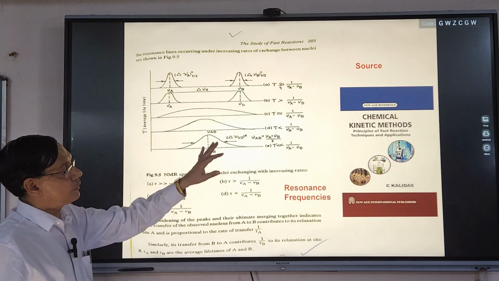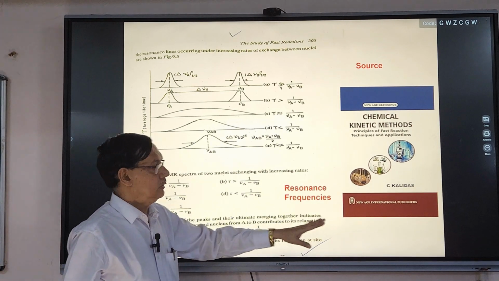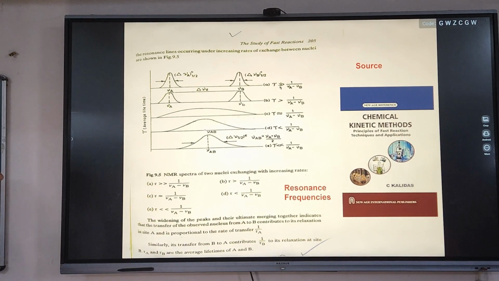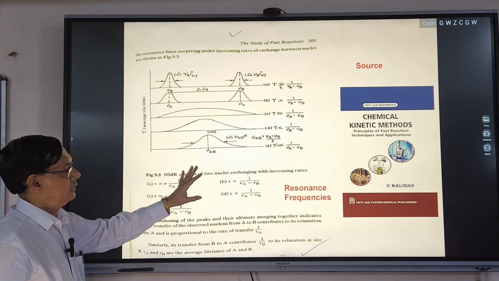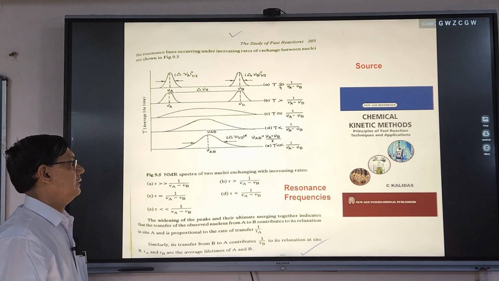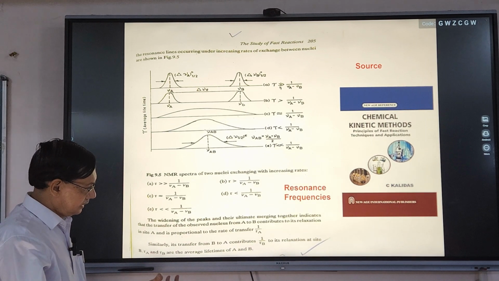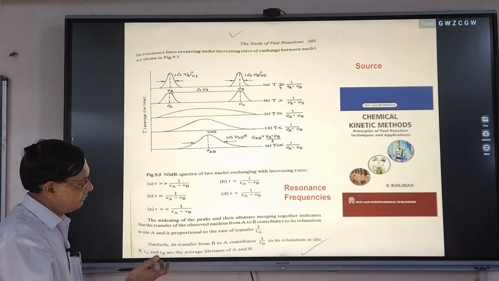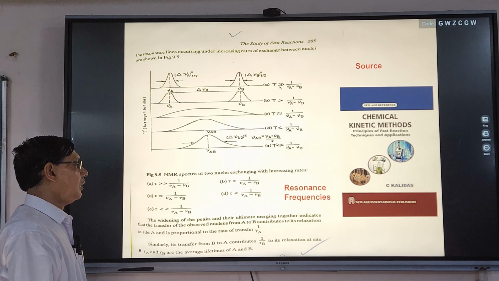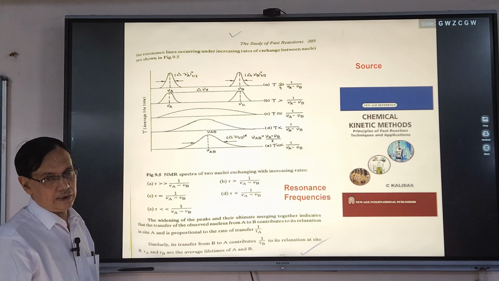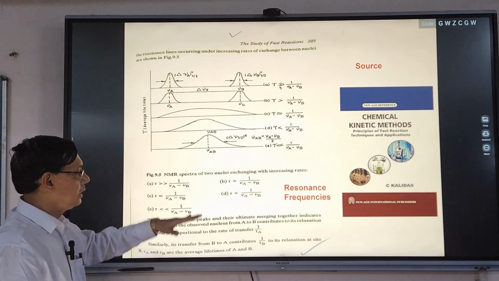There are some numerical problems also in that book. I am not showing that numerical problem. So that is called the offline type of reactions. I have done some reaction with the protonation of hydrochloric acid, site of protonation. That is also not a very fast reaction, so no special technique is required for that.